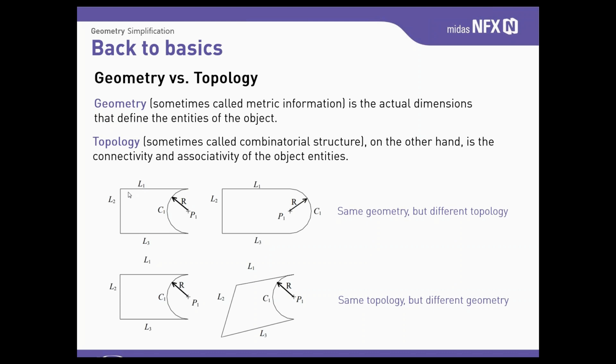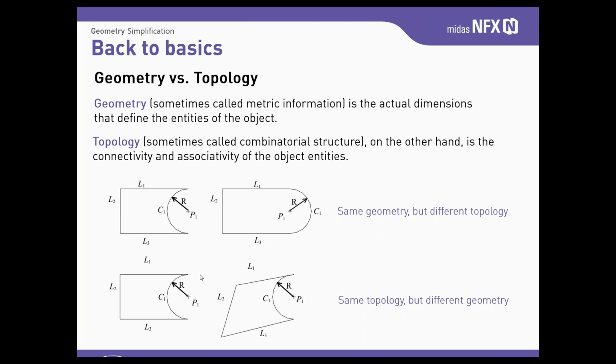If we compare the length of each entity, like the length of each edge, and if we compare values for radius, we can see all of them are the same, which means the geometry is the same. But the topology, which means the method by which those edges are connected, differs, because in that case the circle is placed inside the rectangular shape, in that case it is placed outside, and vice versa.